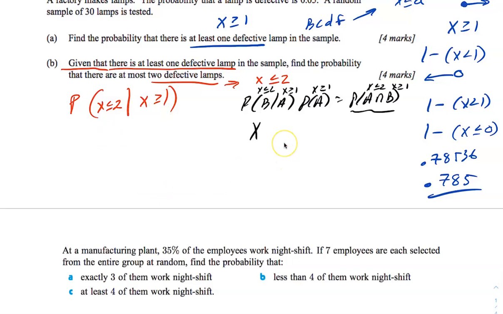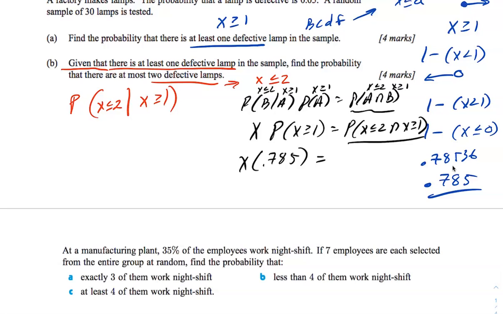So that's my X. What am I doing? I'm going to do it right here. The probability of X is less than or equal to 2, given X is greater than or equal to 1, equals the probability of X less than or equal to 2, intersection X greater than or equal to 1, over the probability of X greater than or equal to 1. Now this, we just did. That's what we did right here, right? We ended up getting this right here. So classic IB, answer here is 0.785.